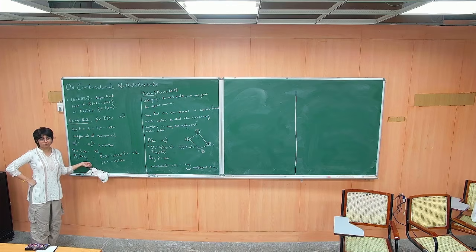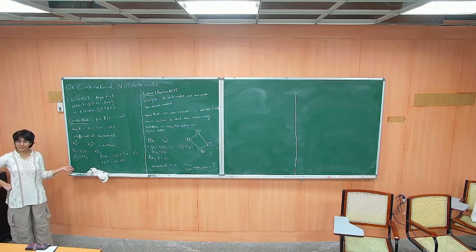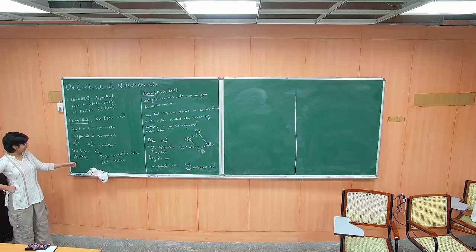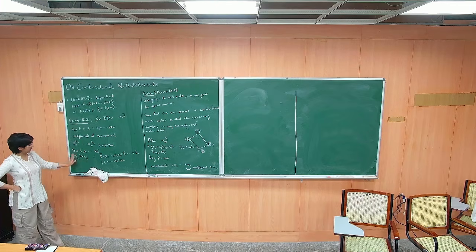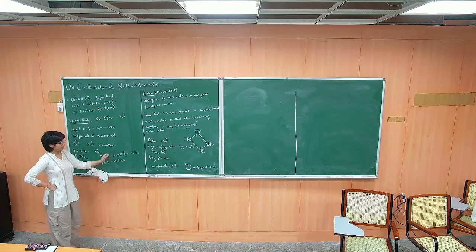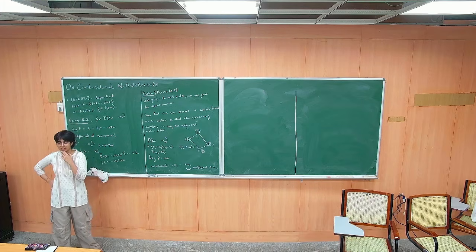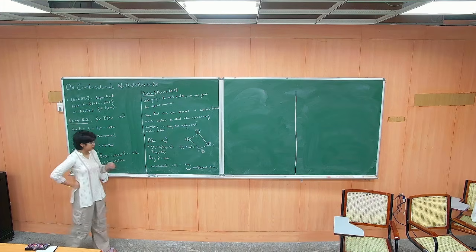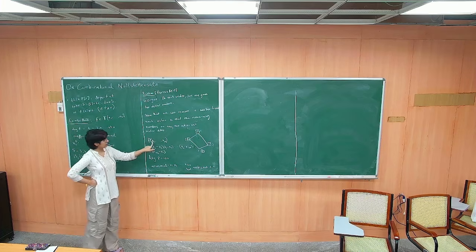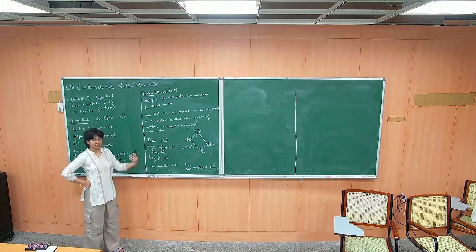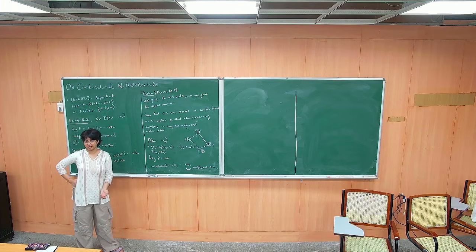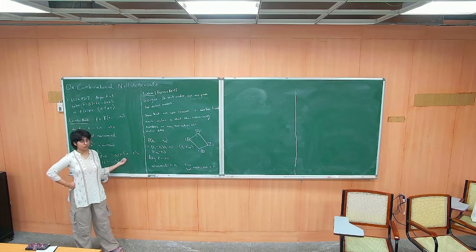I can use Combinatorial Nullstellensatz. What does my Combinatorial Nullstellensatz say? It says that if I have this thing being satisfied, then I can choose S1 up to S100 such that this polynomial in S1 up to S100 is non-zero. Do you see that? That's what it says.